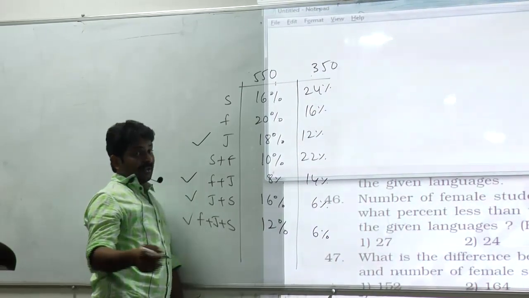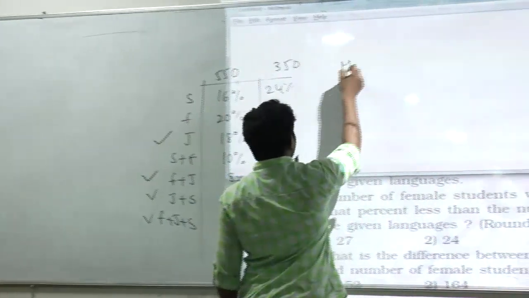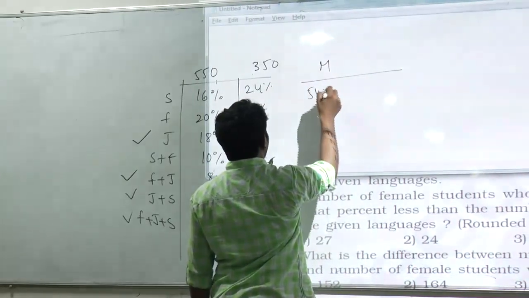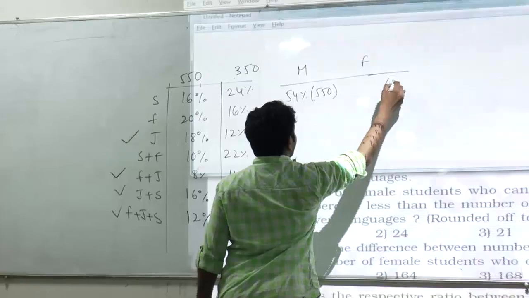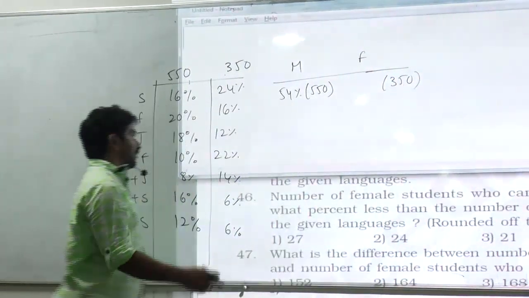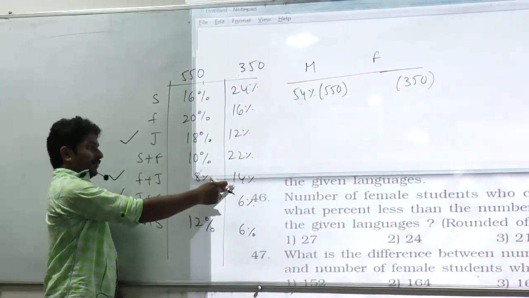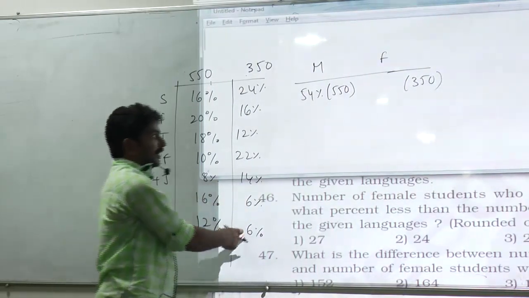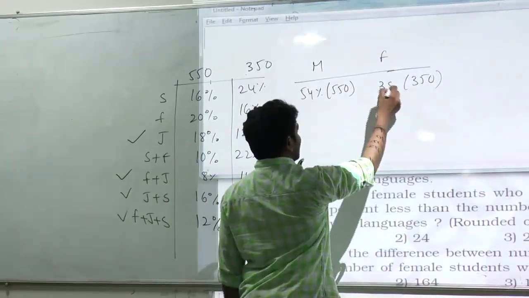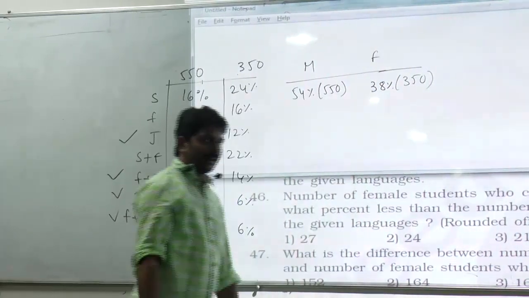And 50. So male students are 54% of 550 and about female 12, 26, 32, 38. So this is 38%. Let's calculate in terms of number.